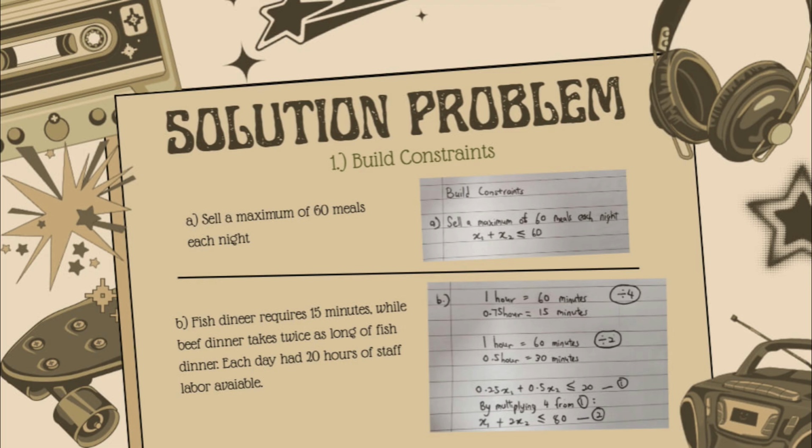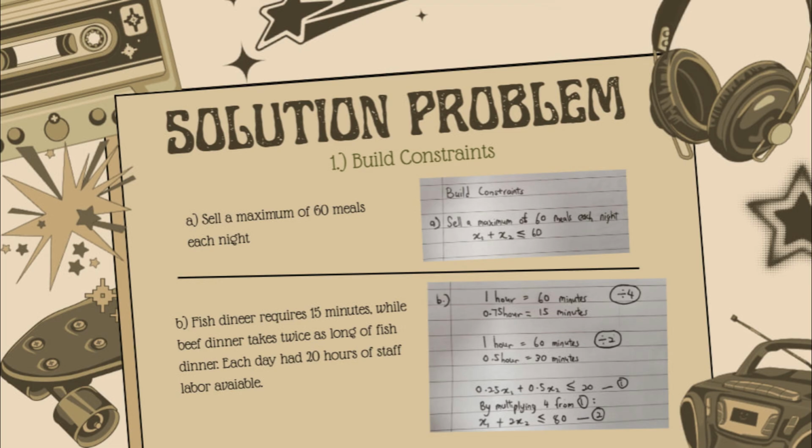Constraint B. Second, we are limited by our available staff labor. A fish dinner requires 15 minutes to prepare, which is 0.25 hours. A beef dinner takes twice as long, which is 30 minutes or 0.5 hours. We have only 20 hours of labor available each day, so the total preparation time for all meals cannot exceed 20 hours.